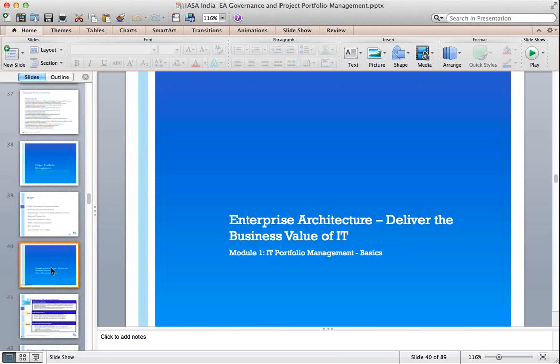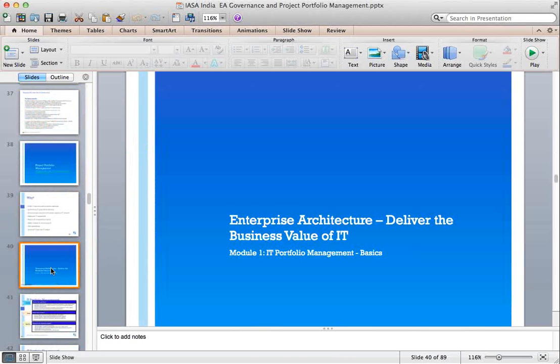Now, if you look at enterprise architecture and relate it to portfolio management, we have been speaking about how we strategize and create an IT roadmap, which is part and parcel of enterprise architecture. It looks at the business values and strategies that are essential, aligns the IT requirements to it, and delivers business value of IT.